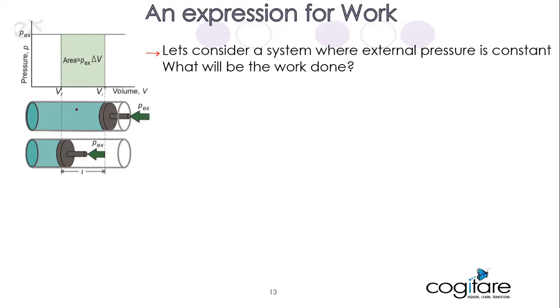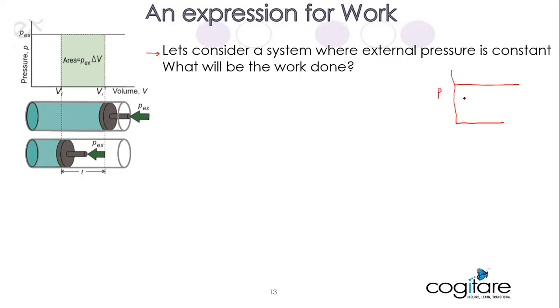Okay. So either the system will do work or work will be done on the system, whatever the case may be. But the condition we are taking is that this external pressure is constant. That means P is not varying.